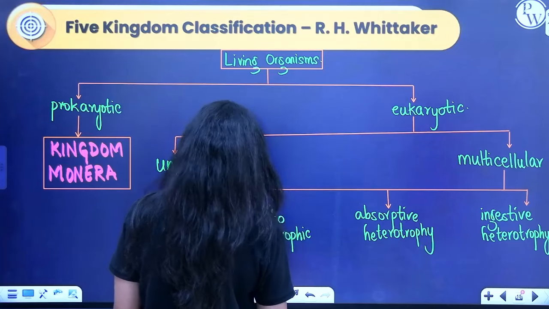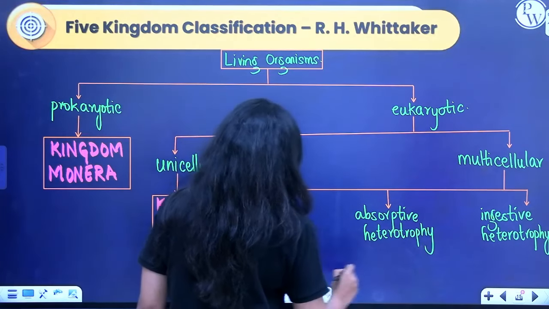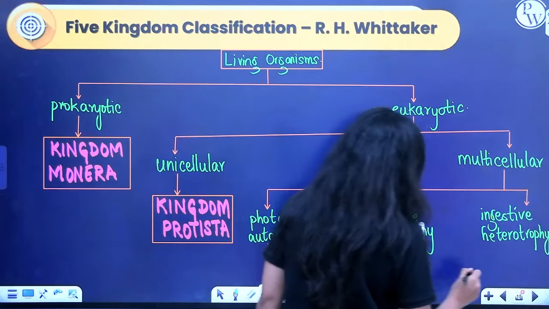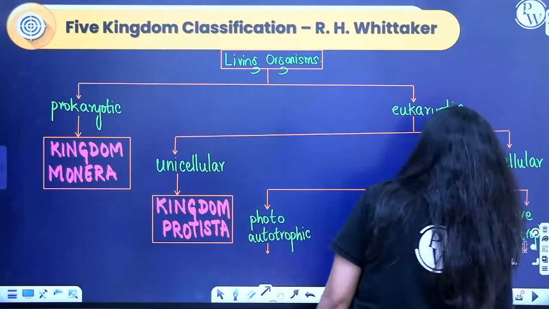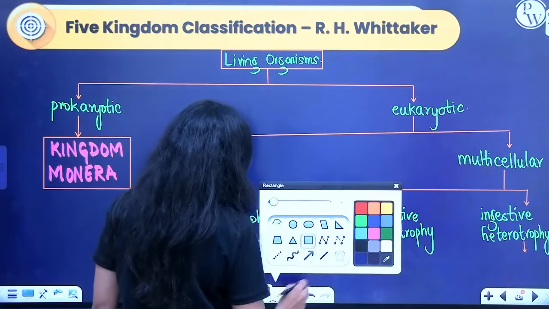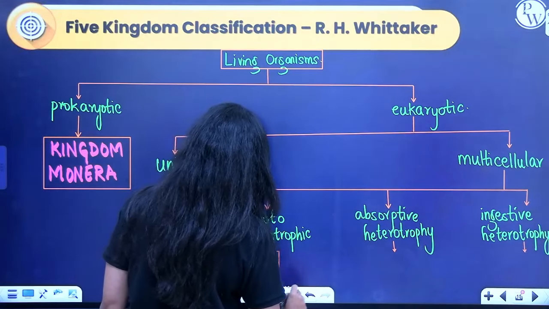Now, whichever one shows photoautotrophy, those organisms are grouped under kingdom Plantae.